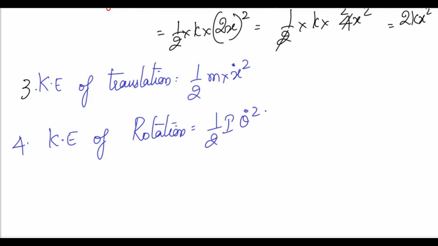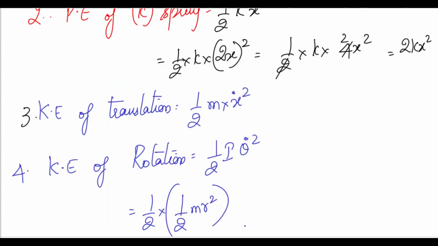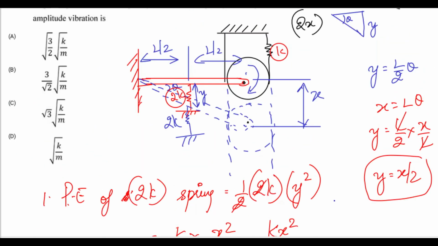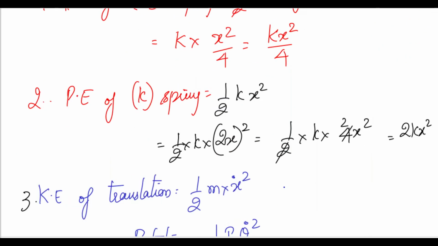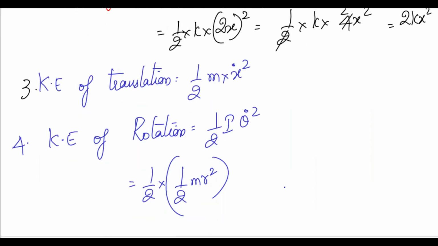That would be half into, in place of I we substitute half into m r square. In place of theta dot, we shall substitute in terms of x, because we already have x. So what could be done? Now this is a rotational stuff, so it's going to be x dot by r. v equal to r omega, right? So omega is going to be v by r.